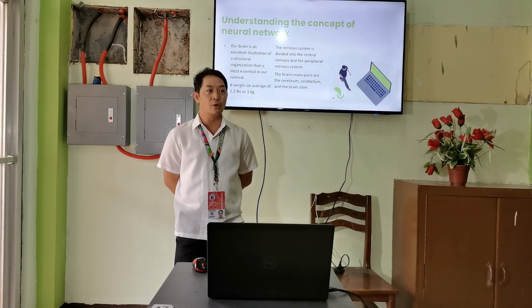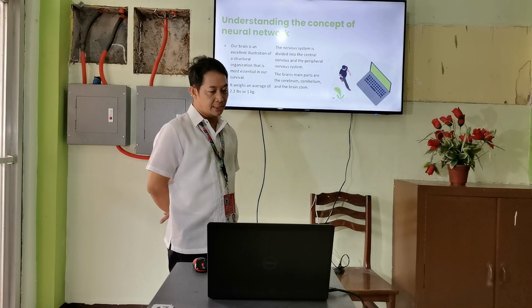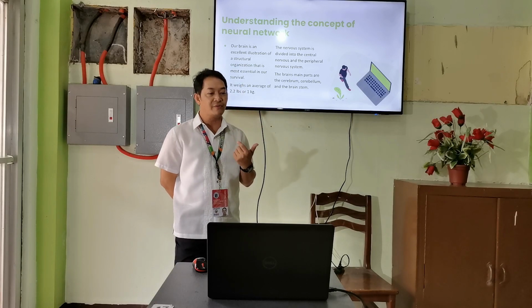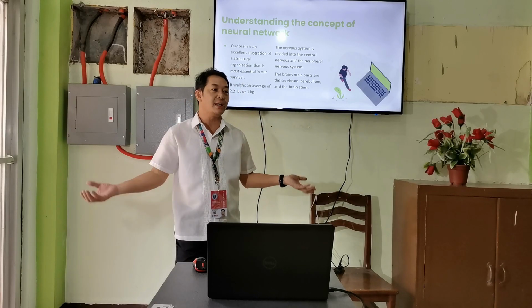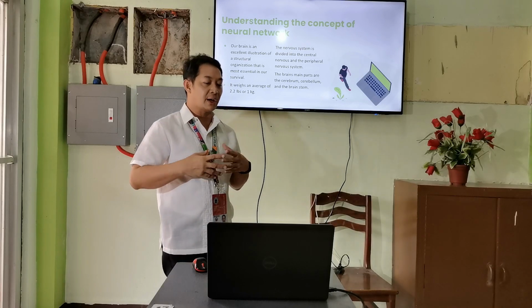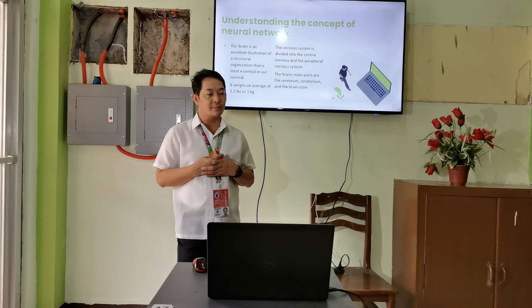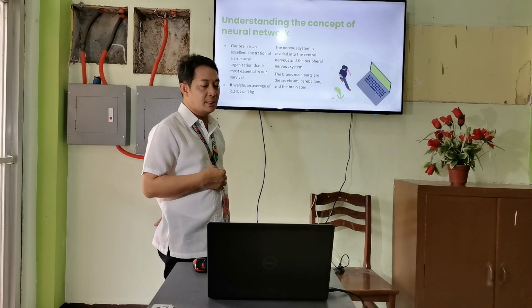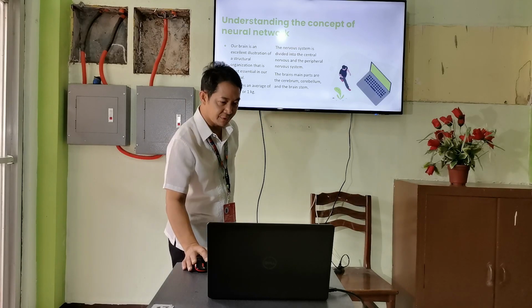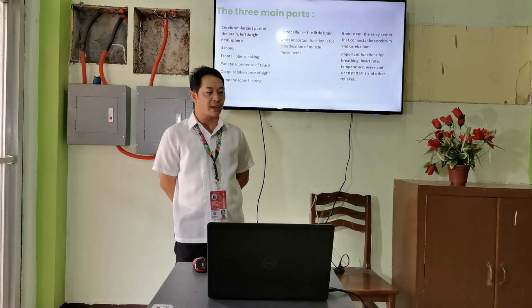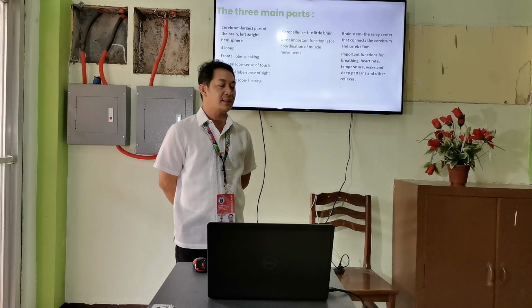The nervous system is also divided into the central and the peripheral network. The central is the brain and the spinal cord, and the peripheral system includes all the other ganglia in the entire body. The brain's main parts are the cerebrum, the cerebellum, and the brainstem. Okay? Further, what are these three main parts? The cerebrum, or the largest part of the brain, has the left and the right hemisphere.